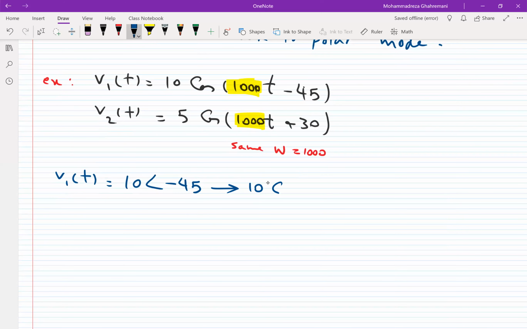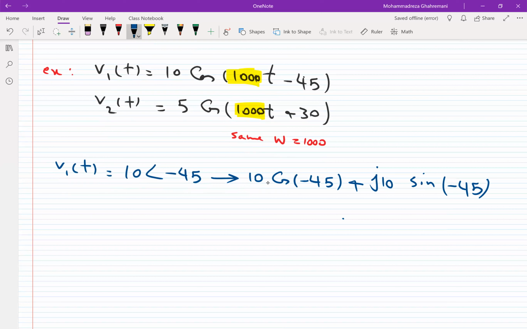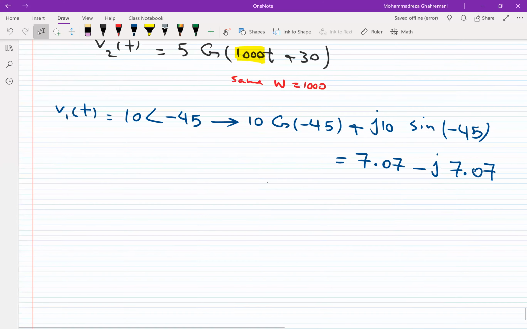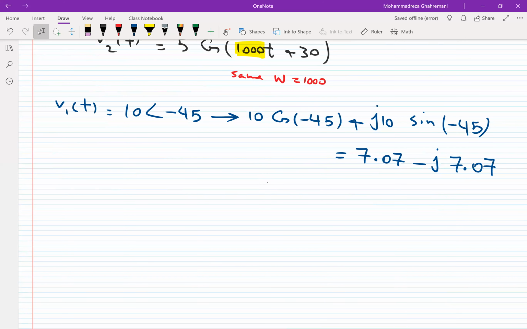It's 10 cosine of negative 45 plus j 10 sine of negative 45, which is equal to 7.07 minus j 7.07. So this one is the rectangular form of the phasor for V1.